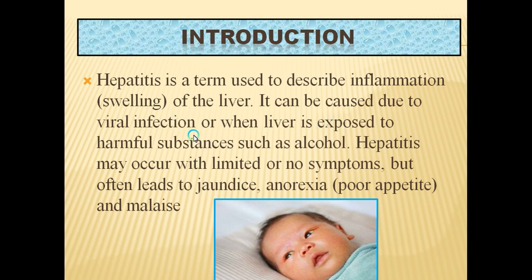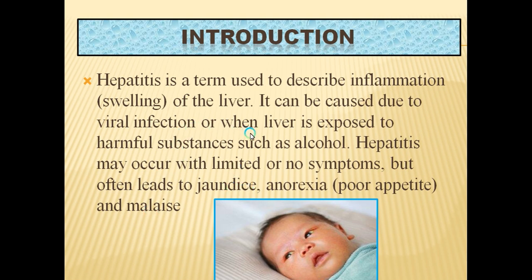Hepatitis may occur with limited or no symptoms. Sometimes people may not know that they are cases of hepatitis because they are asymptomatic, but often it leads to jaundice, anorexia, and malaise. Okay.